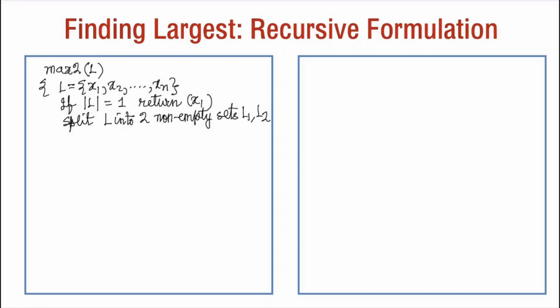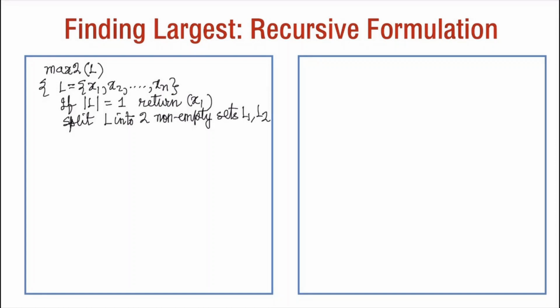So now what we have done is that instead of defining an explicit split, we are giving a generalized split, and we are splitting L into 2 non-empty subsets, L1 and L2. They are disjoint splits, so they don't contain any common elements.